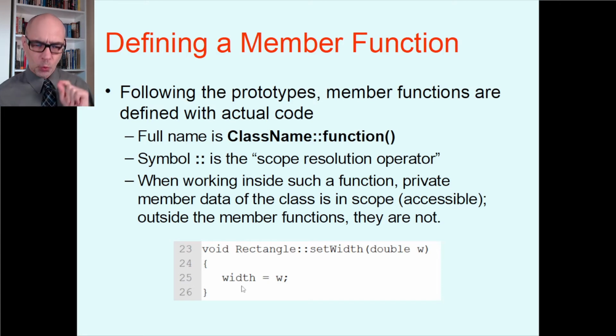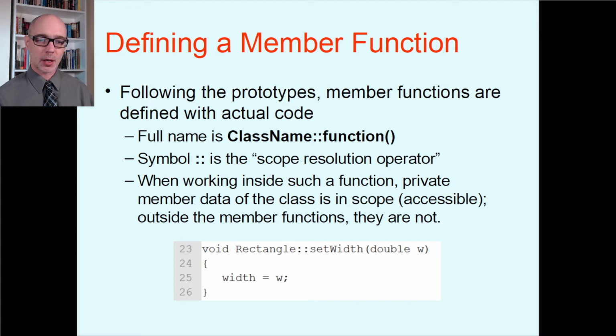So hopefully you remember, if you look back at the prior slide, width is the first piece of member data in the rectangle class. It's an object variable. And previously, if that had been a struct, like back in chapter 11, you would expect to access a member variable with something like struct.width. We were doing that a whole lot back in chapter 11, chapter 12.